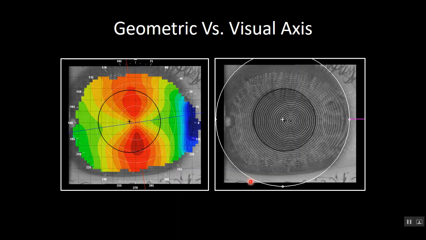Now we can see this geometric axis versus visual axis difference when we take topography. You will notice when you ask the patient to fixate down the axis of the instrument at the center of the Placido ring, in other words, we want to image along the line of sight, you'll notice that the rings appear to be pulled more toward the nasal side.